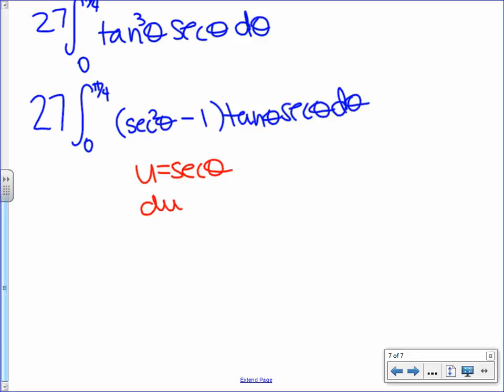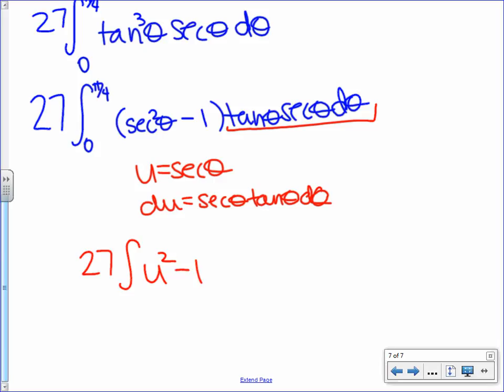So du is, and there that is. So we have 27 times the integral of u squared minus 1 du. Do you want to? No. Why not?